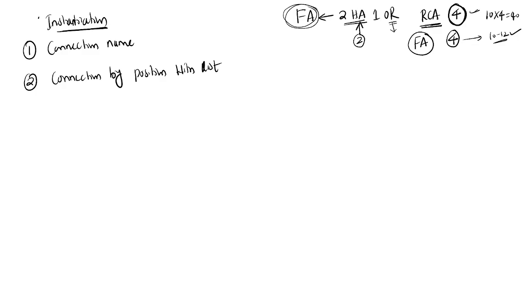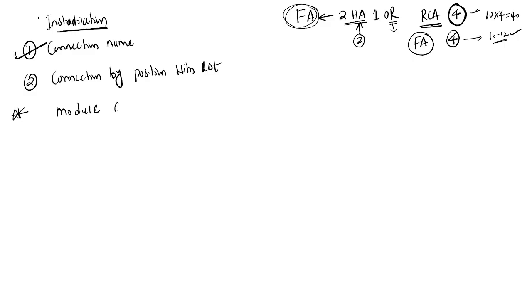Okay. So for a simple example, I'm writing the code for an AND gate, and next I'm writing the test bench. How to write the test bench separately I will give. First we'll discuss connection by name. For the AND gate, how do I write it?